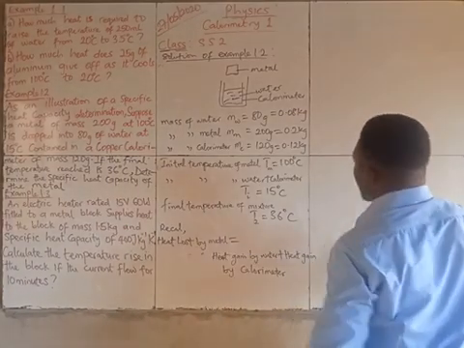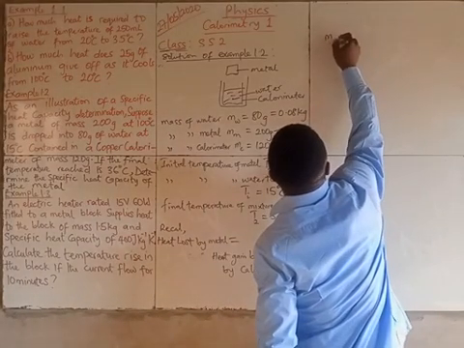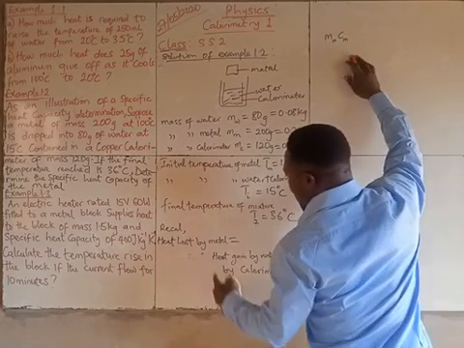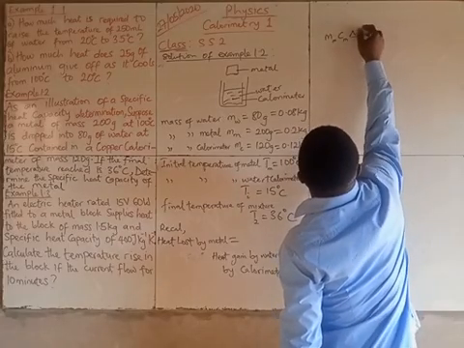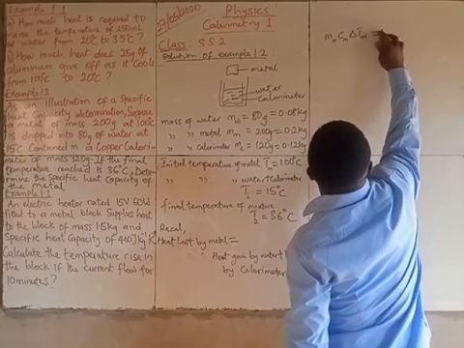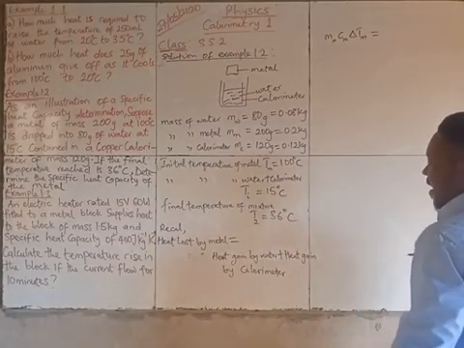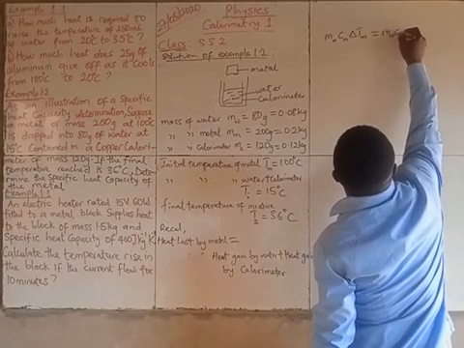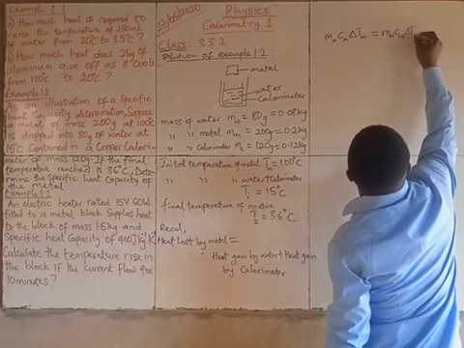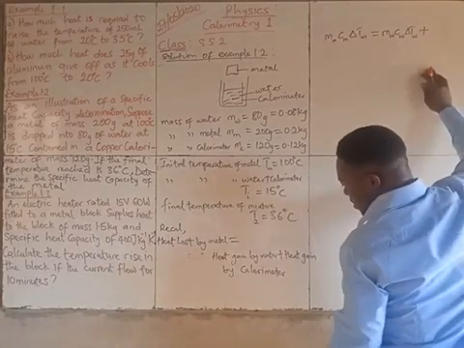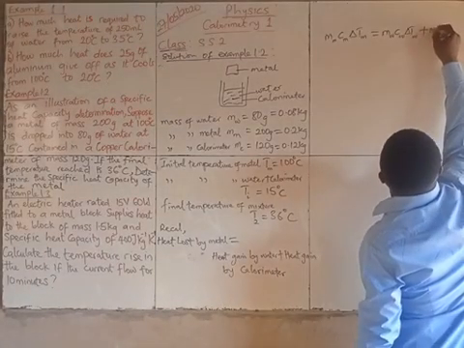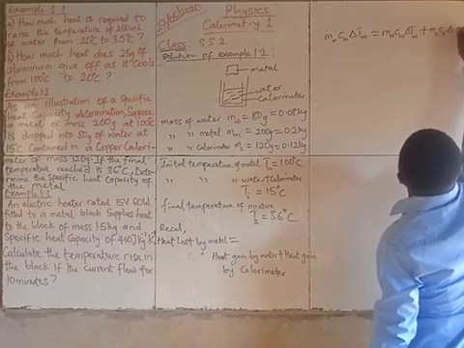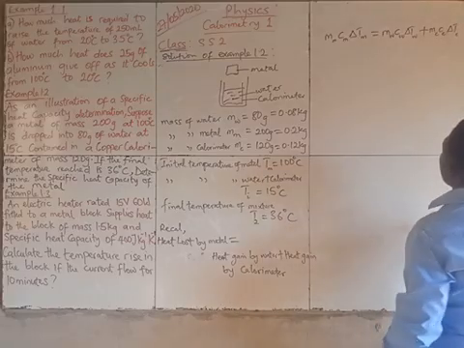Heat lost by metal will be given as mass of the metal, specific capacity of the metal, and change in temperature of the metal, equal to heat gain by water, mass of water, specific capacity of water, change in temperature of water, plus heat gain by calorimeter, mass of calorimeter, specific capacity of calorimeter, then change in temperature of calorimeter.